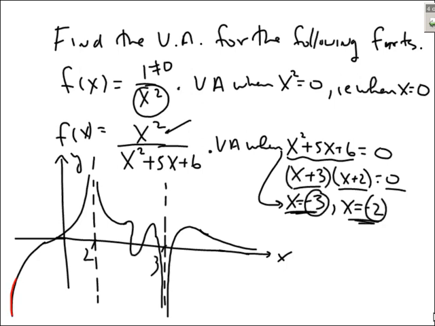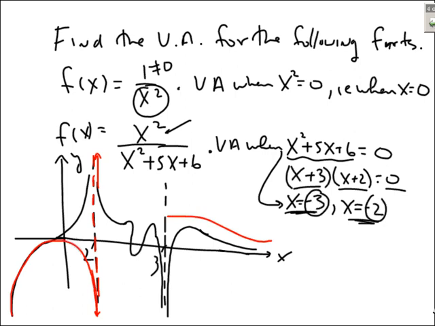This graph, for example, could have gone like this. It's going to get closer to the vertical asymptotes at either high or low. Extremely high or extremely low. High means it's going up. Low means it's going down. It's not going to get close like that.